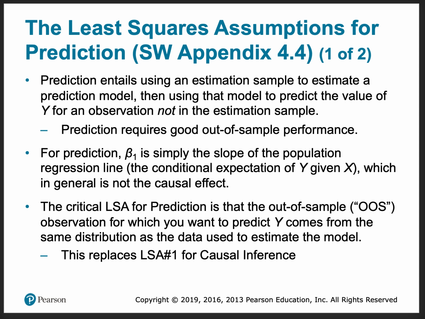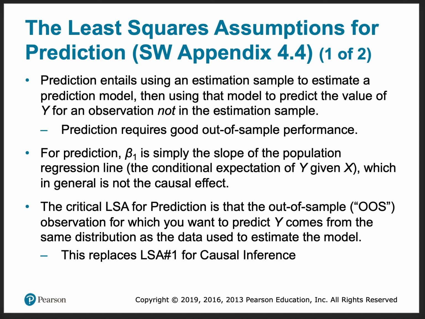And this is going to replace least squares assumption number 1 for causal inference. And again, this is just assuming that the sample from Southern California and the sample from Northern California all belong to the same population, so that they imply the same population slope, the same population variance, same population characteristics.